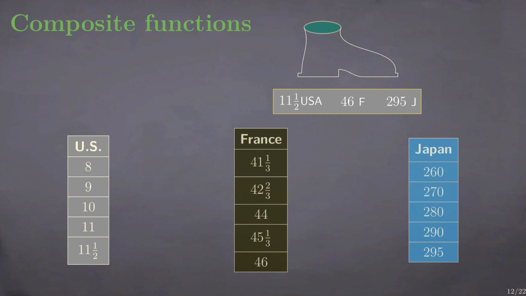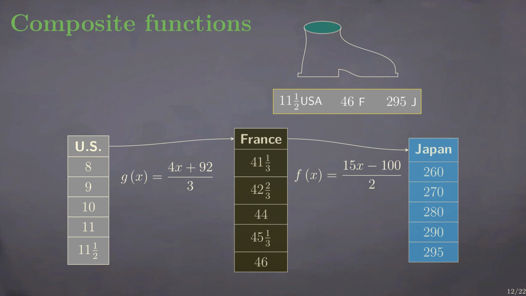So for example, if you want to convert from the US to the French standard, then you have the function g of x. And if you want to convert from the French standard to the Japanese standard, you have the function f. Now suppose that you only have the US standard size and you want to know the corresponding Japanese size.